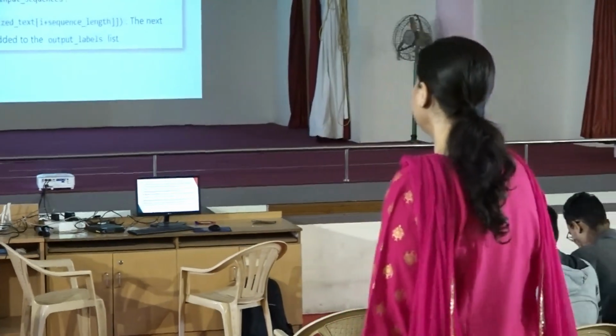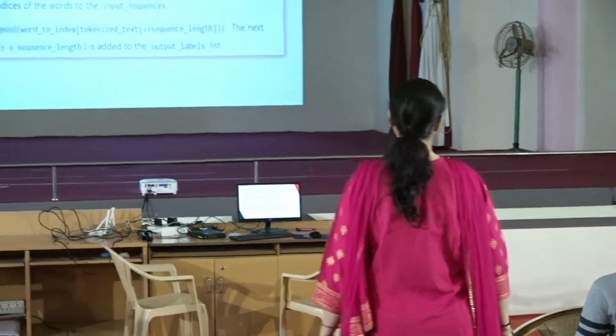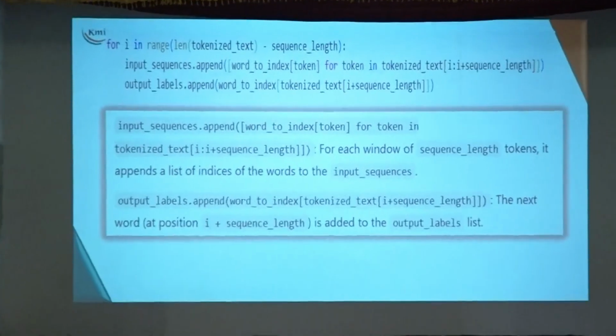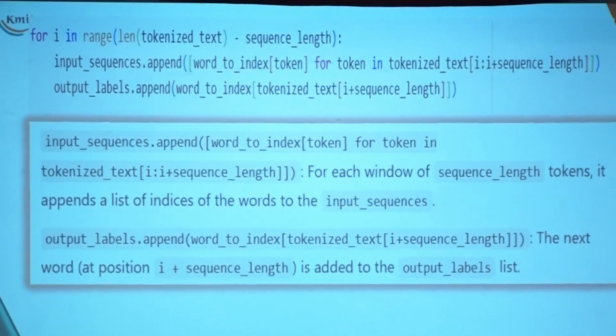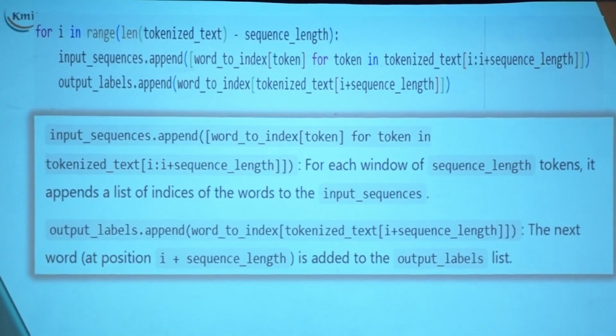So you will get input sequences here. Similarly, you will trace through the output. What should be the output? Immediately after 5 words will be your target, your output. So that next word, that is I plus sequence length, will be added to your output label. The same strategy that we built in our previous exercise, the same way we are trying to do this also.